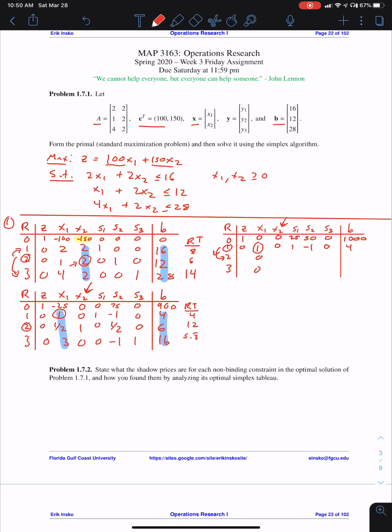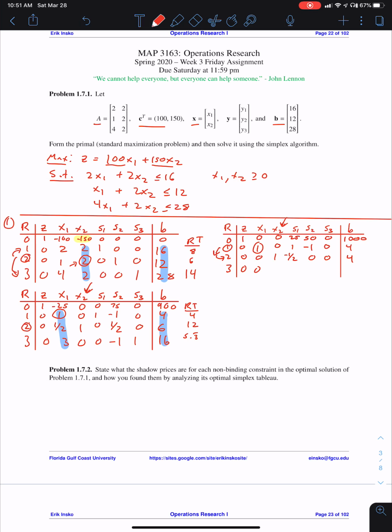So this will produce 0, negative 1/2, hold on, sorry. This is 1, negative 1/2, 0, 0, 4. Now we take row 1, multiply it by 3, multiply it by negative 1, and add it to this third row.